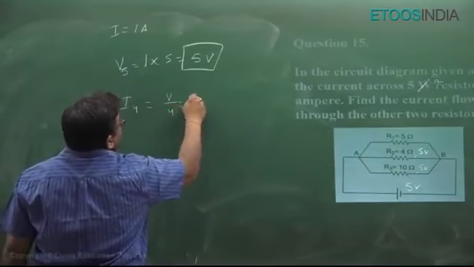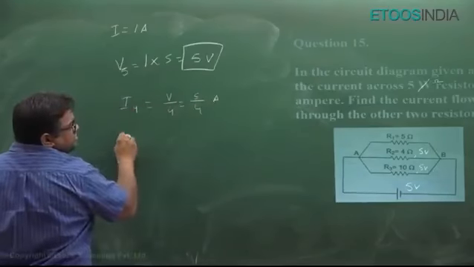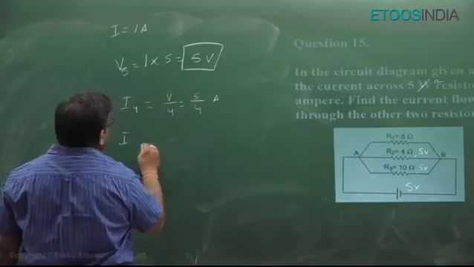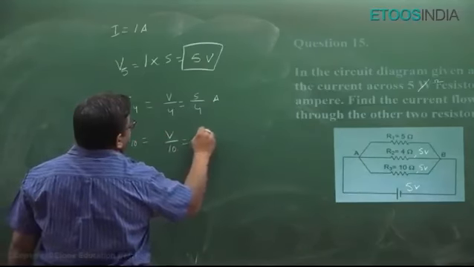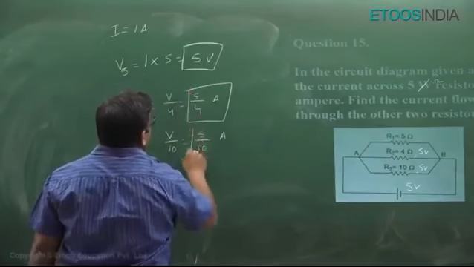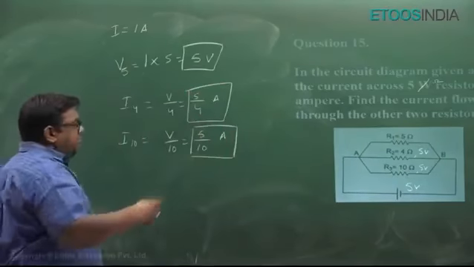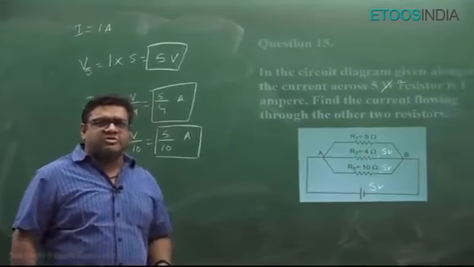And what is V? It is 5 by 4 ampere. And in case of I10, the answer is V upon 10, that is 5 upon 10 ampere. These are the final answers. They can be further resolved also. It's up to you. Got it? Now, let's move on to the next question now.